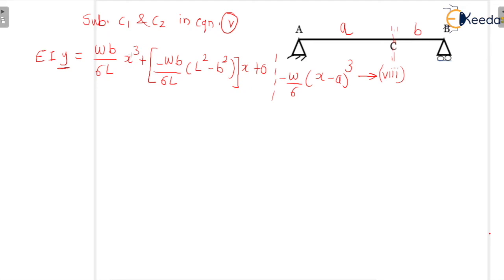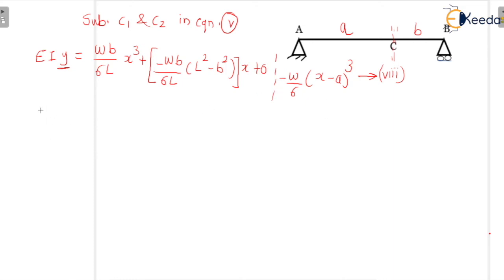So simply substitute x equal to A and use only the first half of the equation, because the C point is in the AC part.